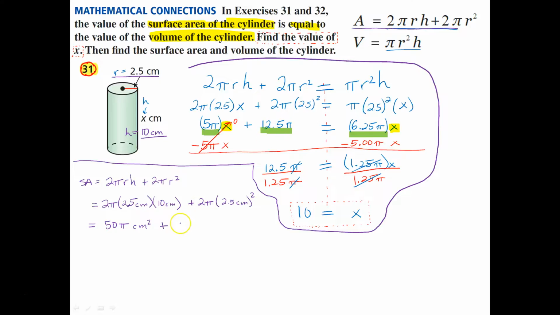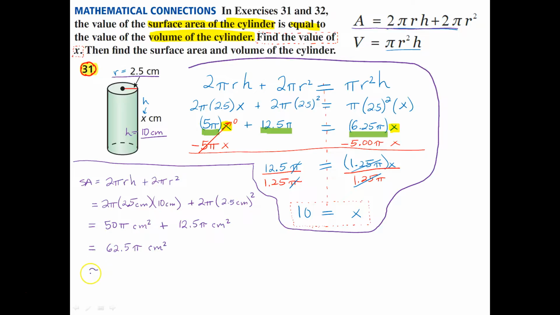So plus 12.5 pi, and then centimeters squared. Add those together. 50 pi plus 12.5 pi is 62.5 pi. So this is your exact surface area.